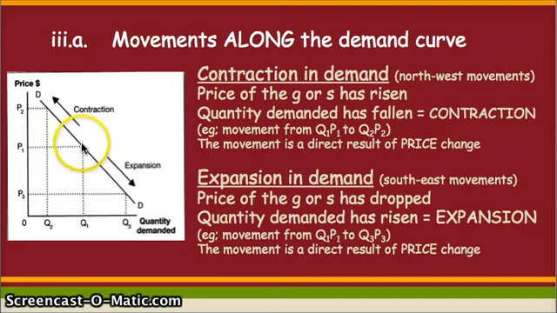So as the price is going up, demand is contracting here. So we're going from this quantity at this price to this quantity at this price. And that is a contraction. We don't say demand has decreased. We say demand has contracted. The price of the item has gone up.